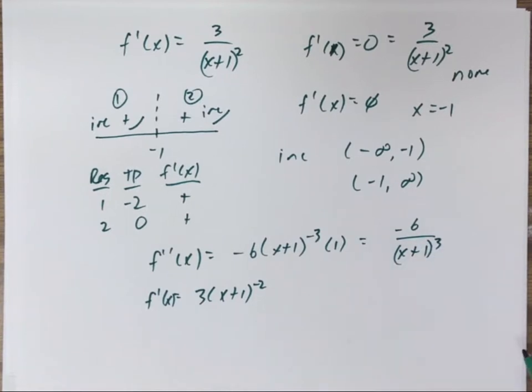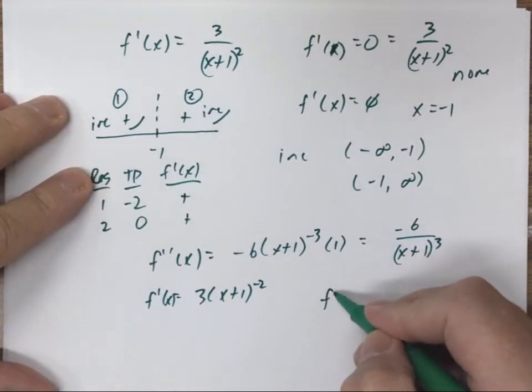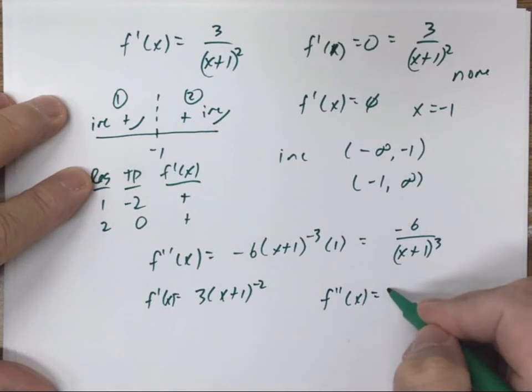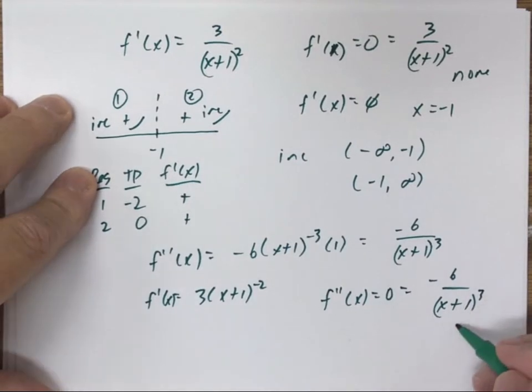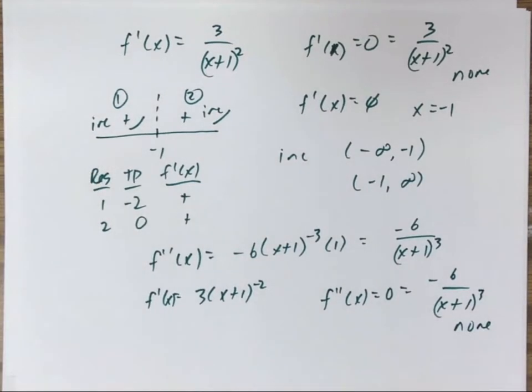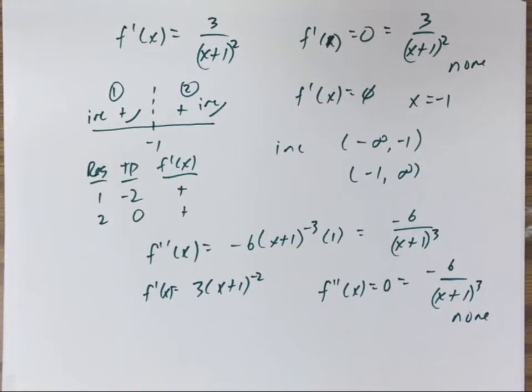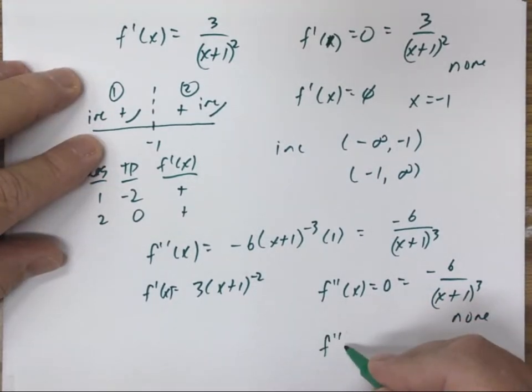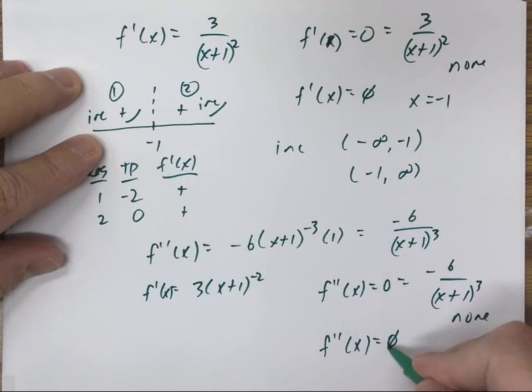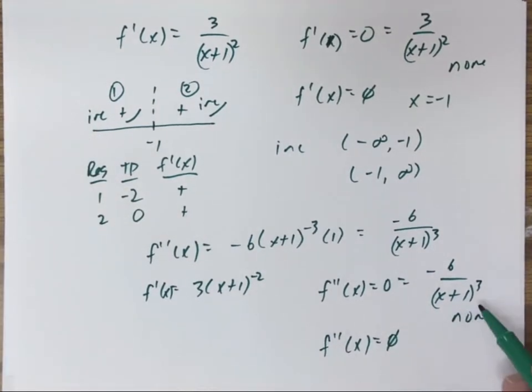Now, once again, I want to find the critical points. So I say, well, what are the values of x that cause the second derivative to equal 0? But as it turns out, there aren't any again. So that means there's not going to be any points of inflection. However, let's check out critical points where the second derivative is undefined, which means, is there a value of x that causes the denominator to be 0?